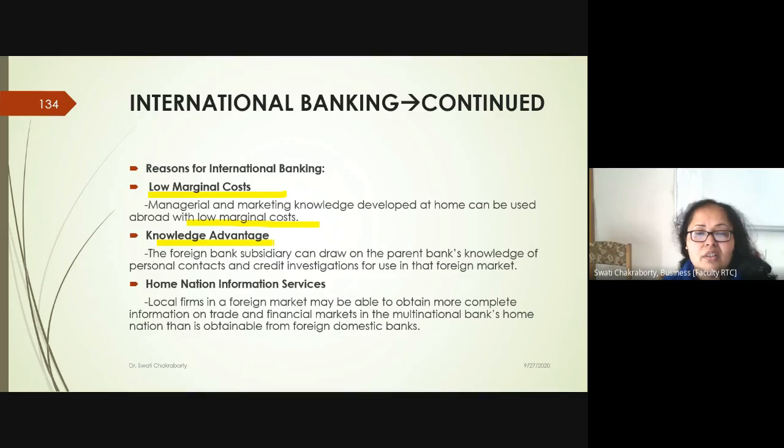Knowledge advantage: the foreign bank, advisor, and subsidiary can look upon the parent bank's knowledge of personal contacts and credit investigations, and can draw on that knowledge for use in that foreign market. Home nation information services: local firms in a foreign market may be able to obtain more complete information on trade and financial markets in the multinational bank's home nation than is obtainable from foreign domestic banks.